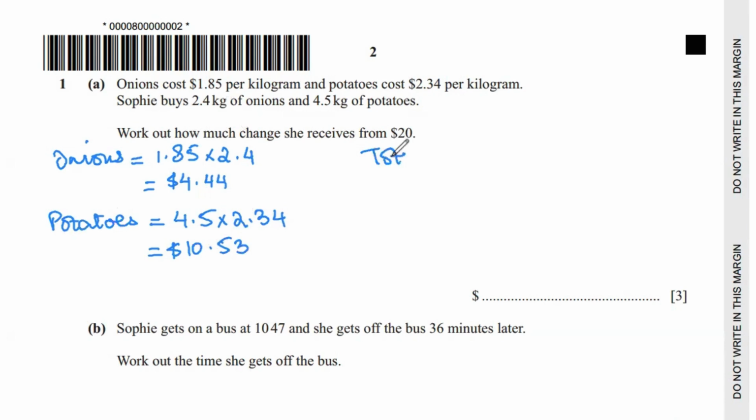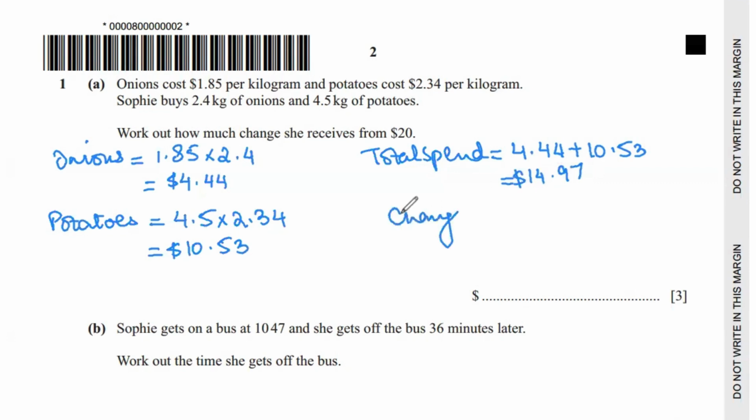So total spend would be 4.44 plus 10.53, and that gives us $14.97. So change would be 20 minus 14.97, and that gives us $5.03. So that's your answer.